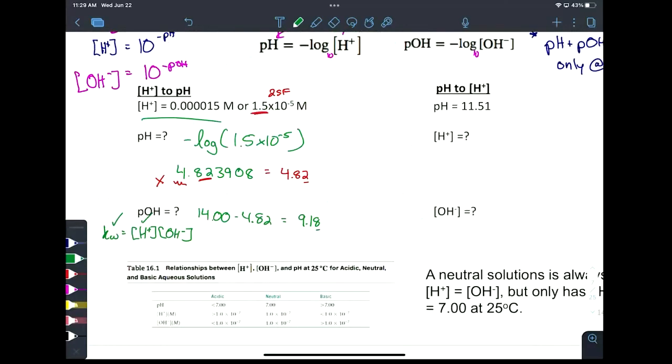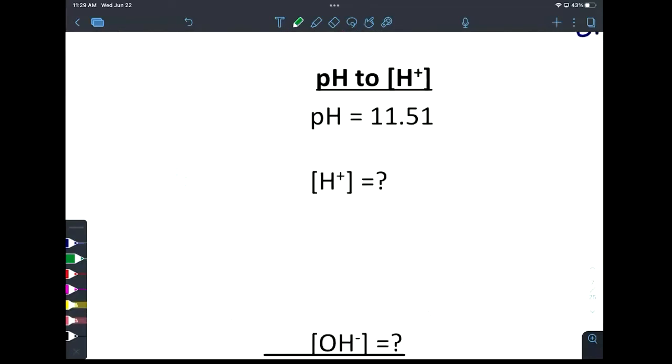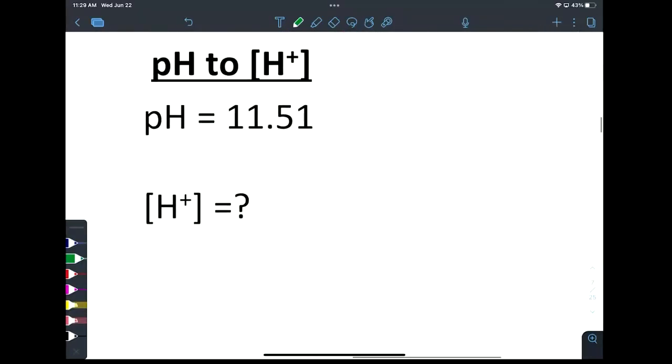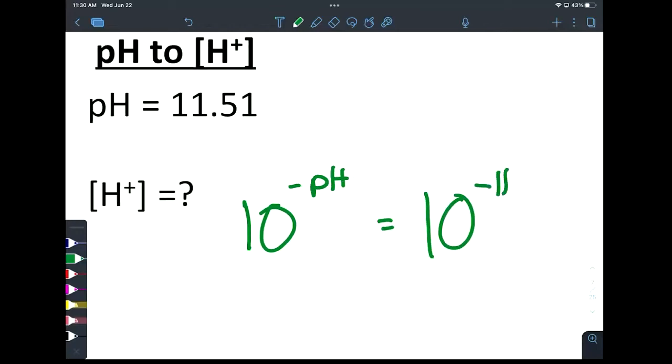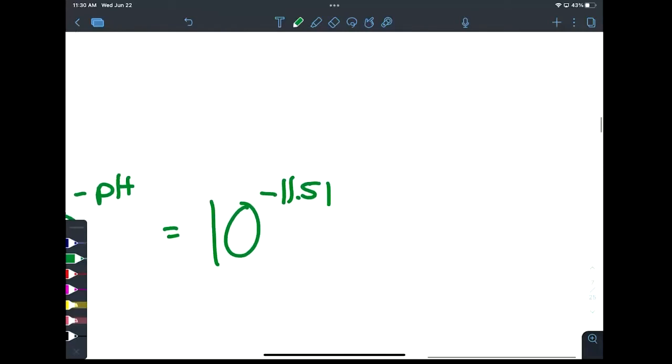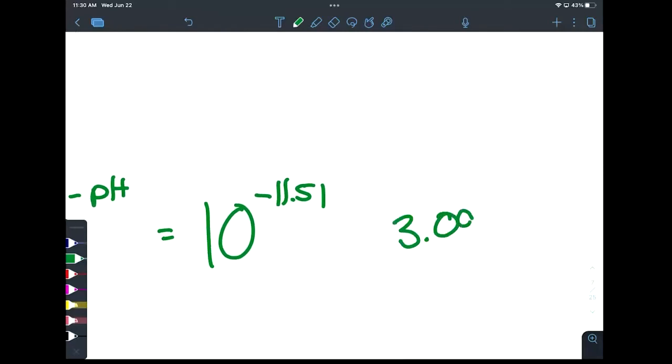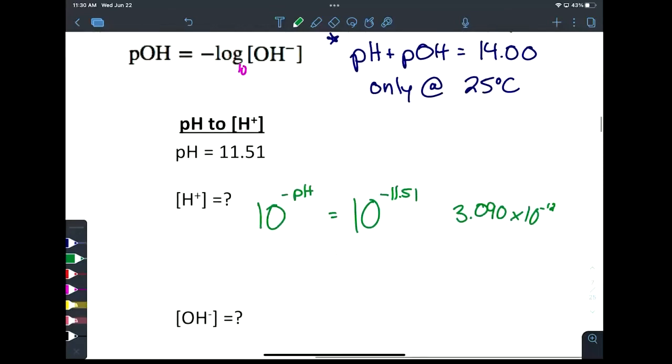All right, let's do pH to H plus. If you're given a pH and you want to get to H plus concentration, you do 10 to the negative pH. So this is 10 to the negative 11.51, which equals a tiny number, 3.090 times 10 to the negative 12 molarity.